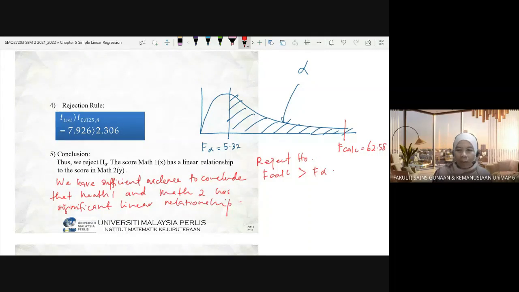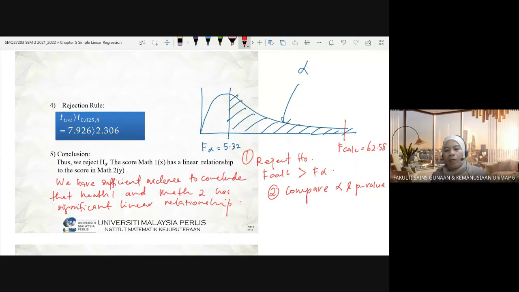Now, we only discussed one way to make your conclusion, based on the F calculated and F alpha. What will be the second way? The second way is to compare alpha and the p-value.